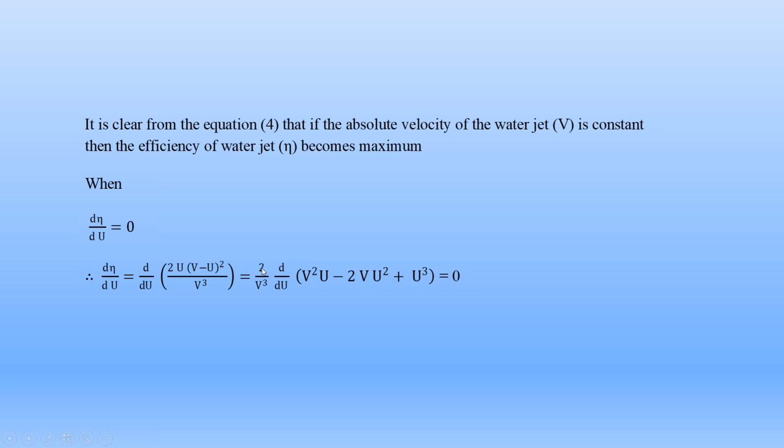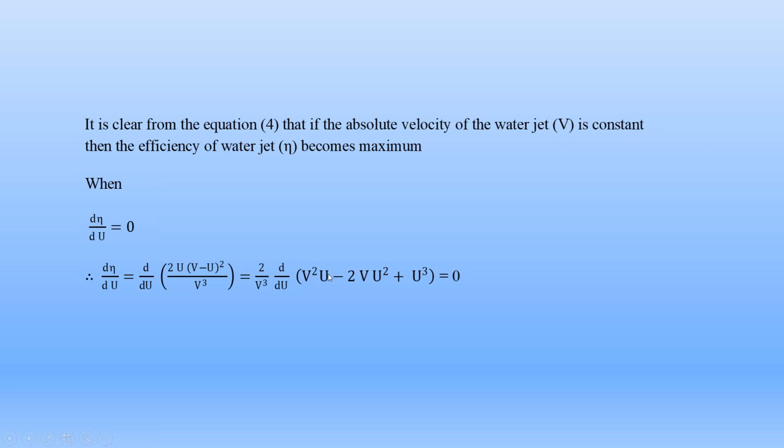So 2 by v cube into d by du of (v square u minus 2v u square plus u cube) equal to 0. Simplify this differentiation. First term, d by du of v square u. v is constant, so v square outside the differentiation, d by du of u is 1.